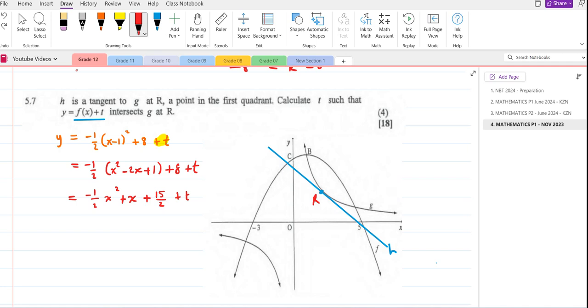Intersects G at R. So we want to find the tangent line. I'm going to try to draw more tangents here.